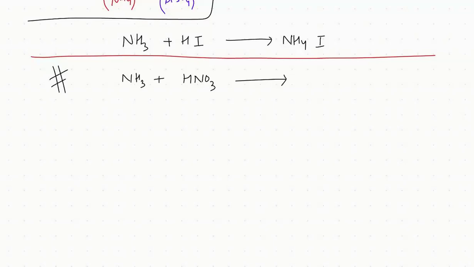Okay. It would be NH4 plus NO3. What would that be? NH4 and NO3. What is the name of this compound?